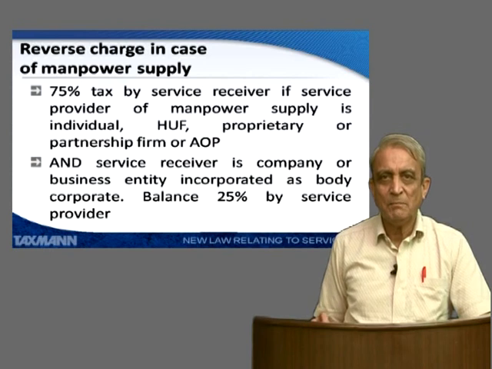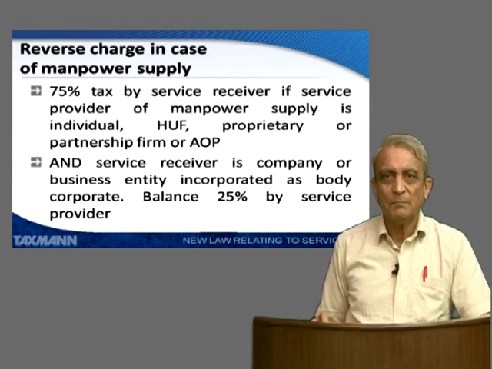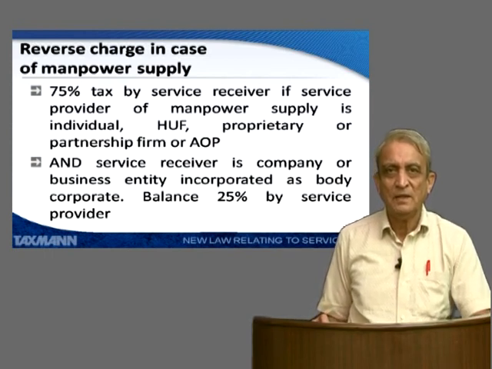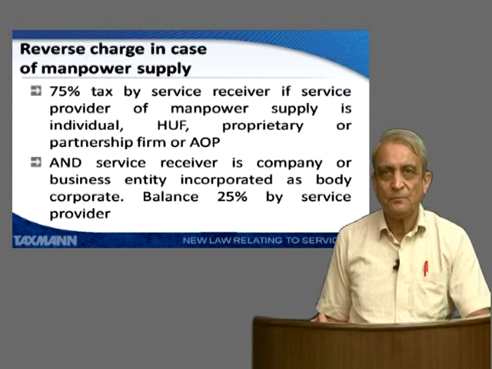Thus, in case of manpower supply, service tax is payable on the salary of the labor plus ESI, Provident Fund and other payments which are made on behalf of that person, plus the service charges of that labor contractor, and the bill should contain this entire amount.